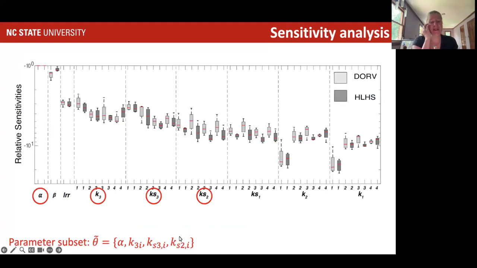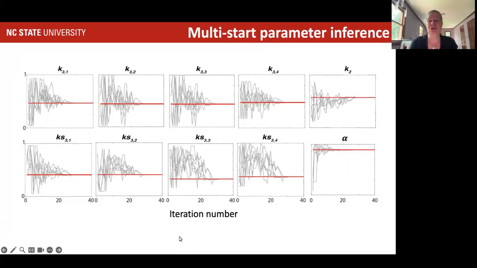But it gave us an idea for what parameters we could estimate. We tried to estimate them. We ran what is called a multi-start parameter estimation to check that if we change the nominal parameters that we estimate a little bit, do they reach the same estimated parameters? And that you can see here. We were lucky.